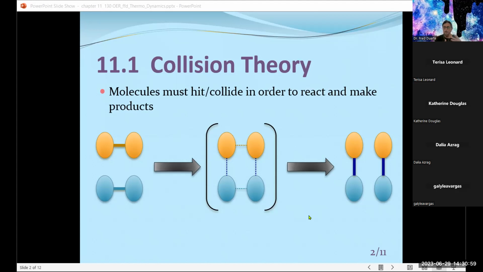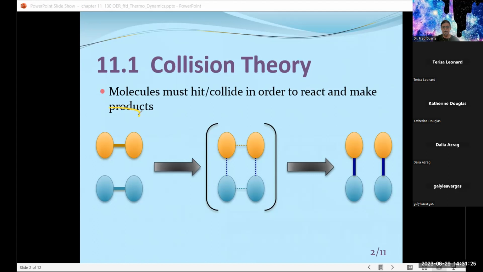Certain things had to occur for it to get a positive result. We call that the collision theory, meaning that if we have two reactants denoted here on the far left, two diatomic molecules coming together, certain things have to happen, and if those things don't happen, then we don't get a reaction.